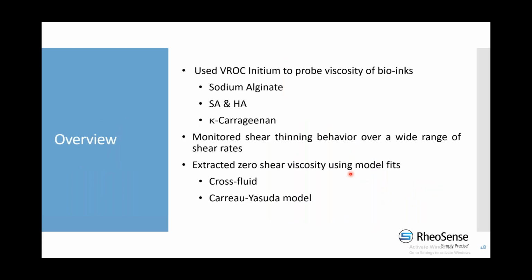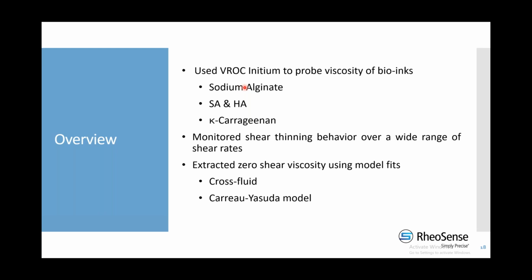So just to quickly summarize before we go over the questions, I just wanted to highlight that we can monitor viscosity of bioinks over a wide range of concentrations and shear rates by using our Rheological Initium technology. So we are able to do this in a fully automated closed system with high accuracy and repeatability.